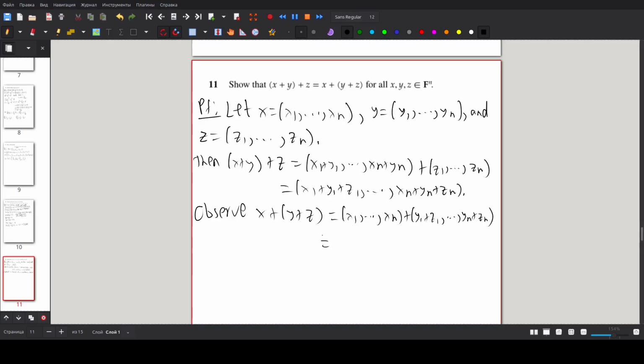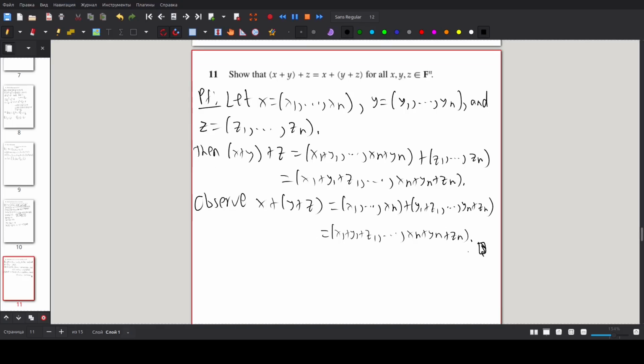So this is going to equal x1 plus y1 plus z1 dot dot dot xn plus yn plus zn. And hey, that was the same thing. So both of these equal the same thing, so they equal each other.